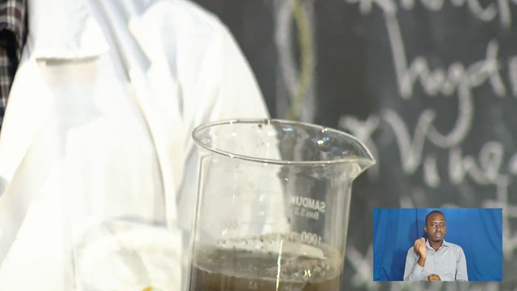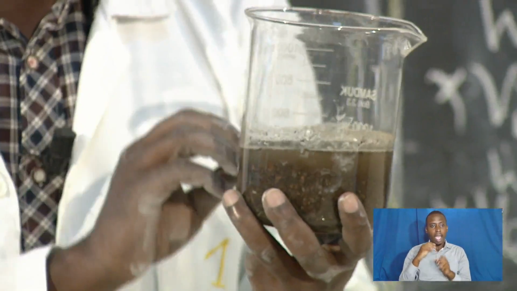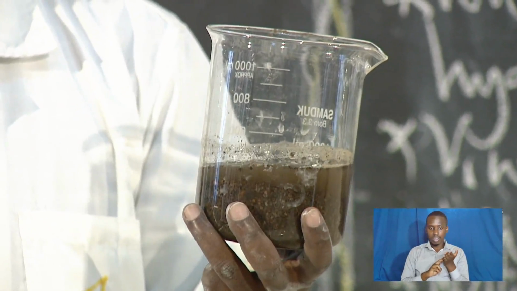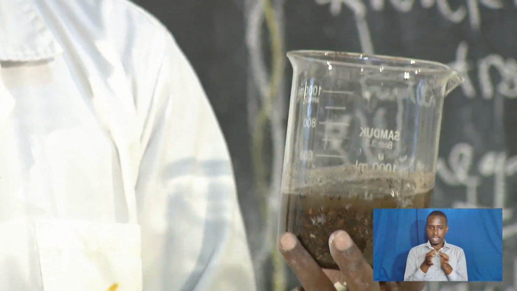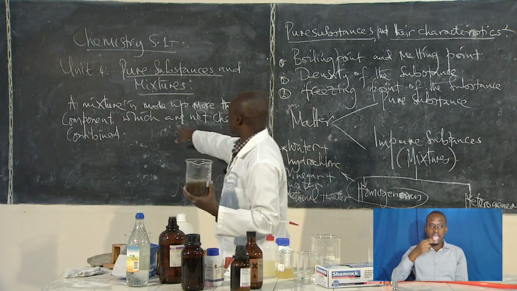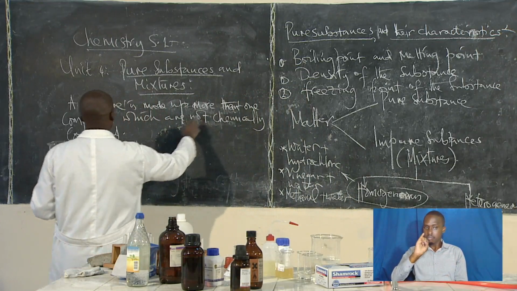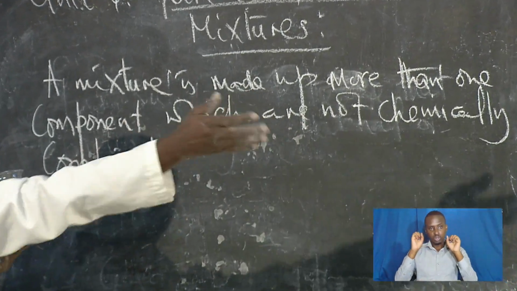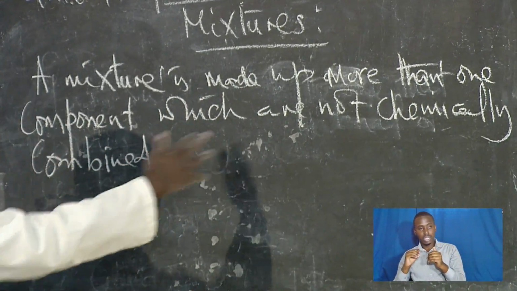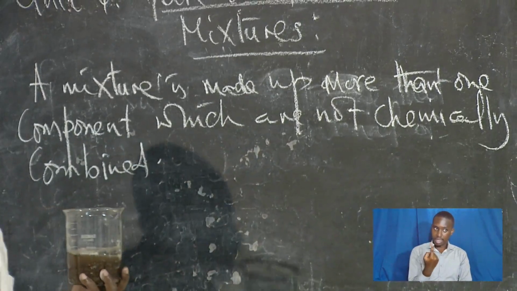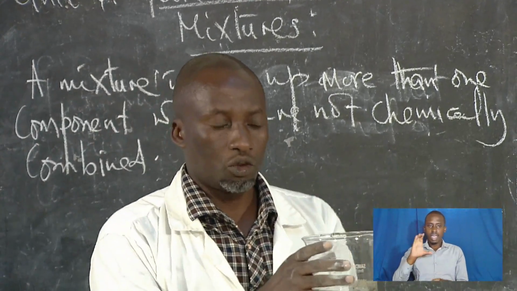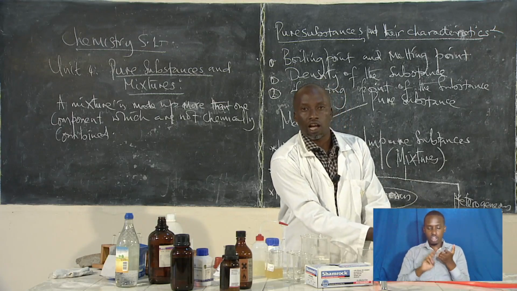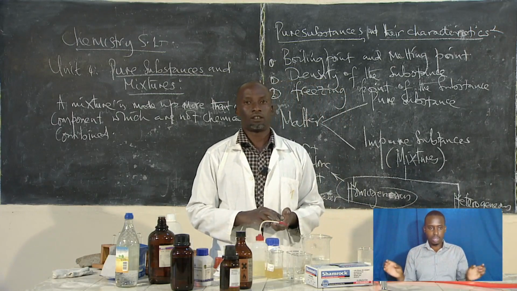They just mix. So you can separate this one by using physical means. You don't need to use chemical means. So a mixture contains more than one component, and they are not chemically combined. By just using simple physical methods, this can be separated.